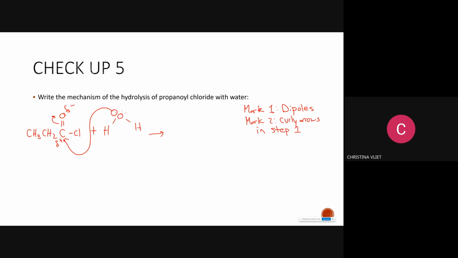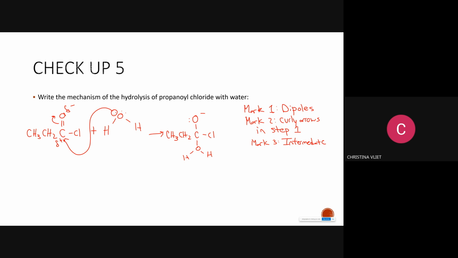Now our product. Usually there's a mark for our intermediate. Mark 3 is the intermediate. What's our intermediate? CH3, CH2, C, single bond O, single bond Cl, and then the water, right?